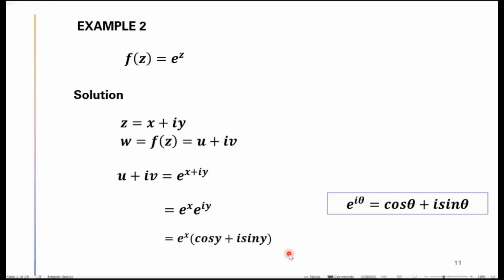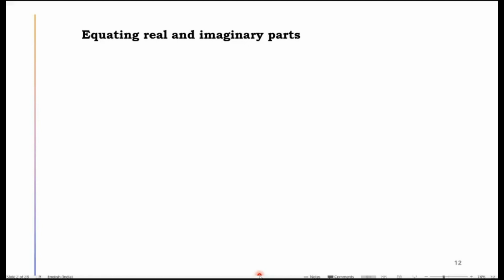U is equal to, अभी हमारा रियल पार्ट एंड इमेजिनरी पार्ट राइट हैंड साइड में आ गया है. रियल पार्ट इज e रेज टू x cos y, इमेजिनरी पार्ट इज e रेज टू x sin y. इसको अंदर लेना है. तो u हो जाएगा e रेज टू x cos y एंड v हो जाएगा e रेज टू x sin y.